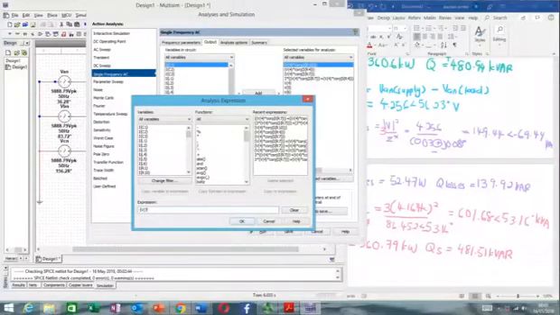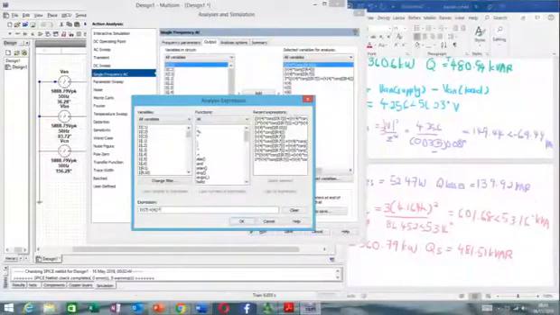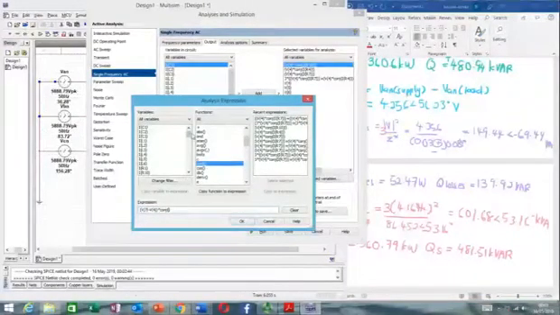7 minus 4. So this one is the voltage at 9. Then multiply with the conjugate of I R1.